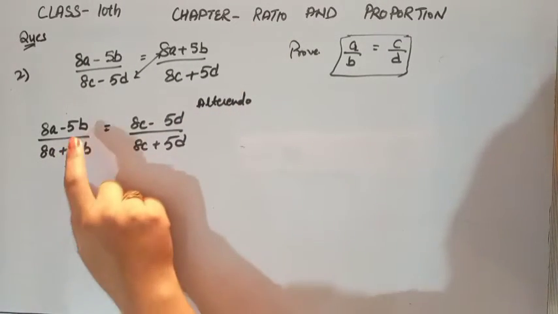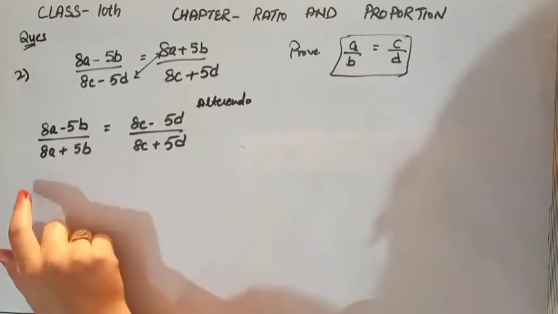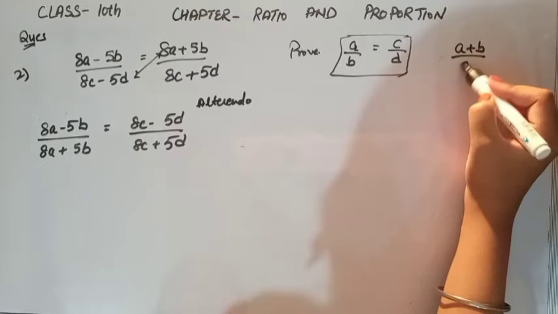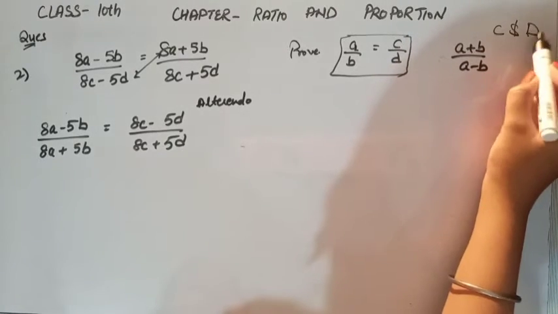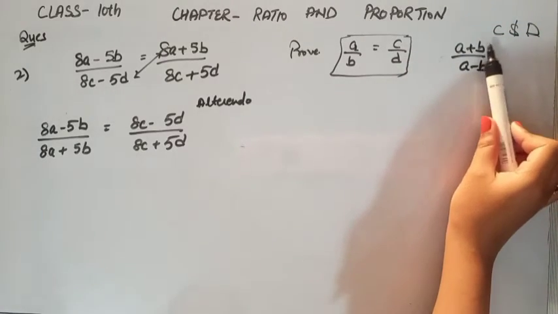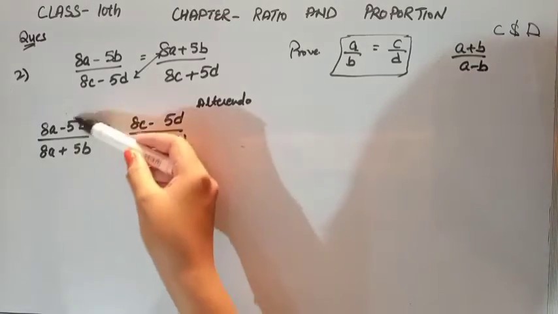Now the subtraction sign is in the numerator and the addition sign is in the denominator, but according to our equation it was (A plus B) upon (A minus B). According to the property of componendo and dividendo, the positive sign was upwards in the numerator and the negative sign in the denominator. So we have to change this.